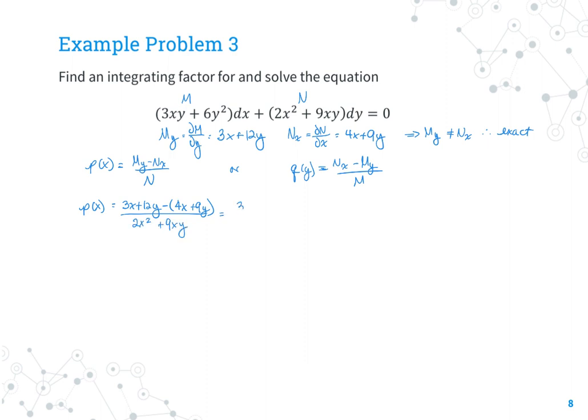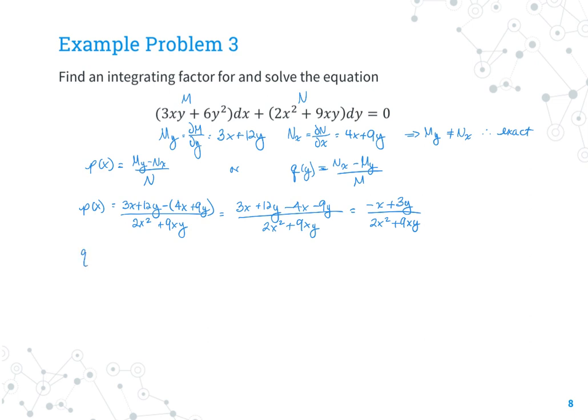So what happens is we get 3x plus 12y minus 4x minus 9y all over 2x squared plus 9xy. So we get negative x plus 3y over 2x squared plus 9xy. We can't use p of x.